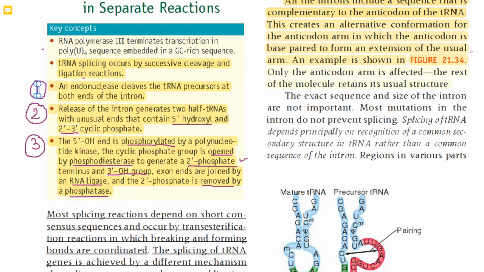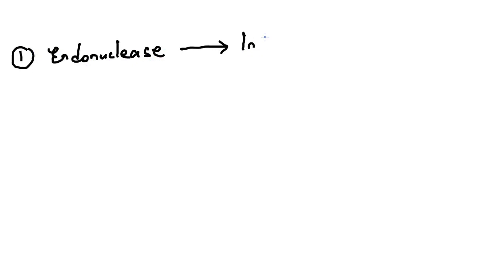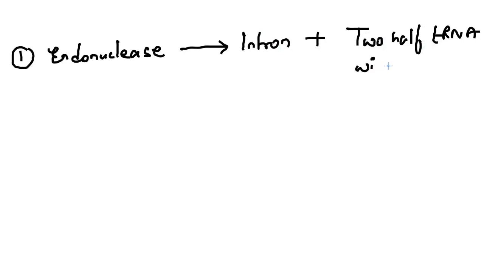Okay, so if I summarize, in the first step the endonuclease makes a cut, and it releases the intron plus two half tRNAs with unusual ends.